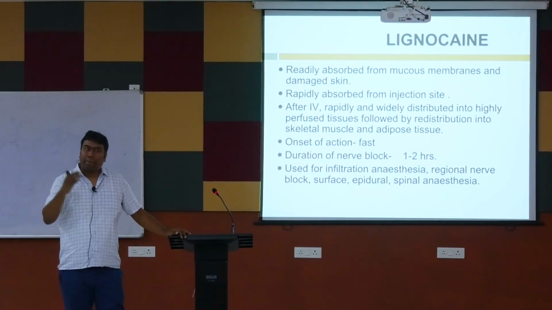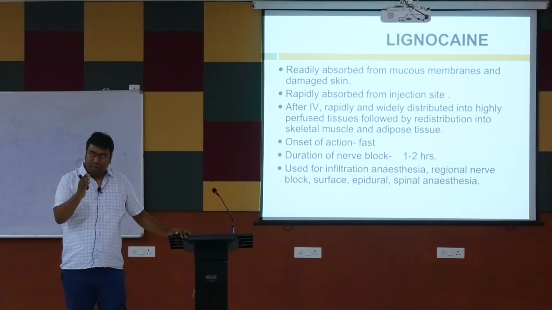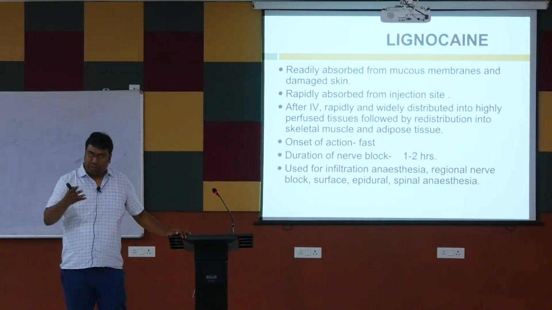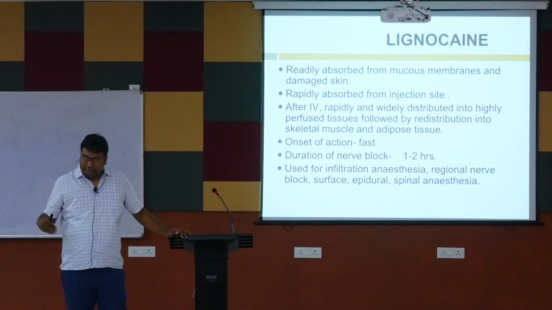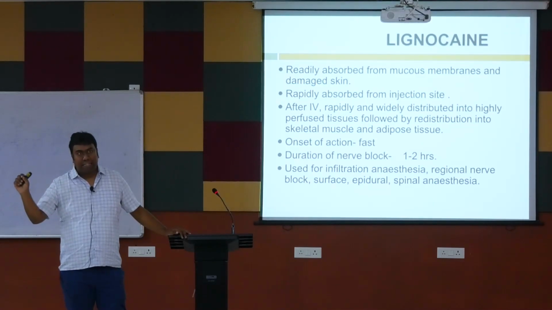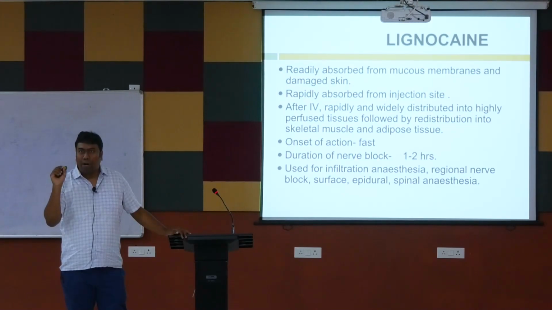Clear? Now it will come out from the CNS. By coming out from the CNS, they are redistributed from the brain to the other organs through the systemic circulation.